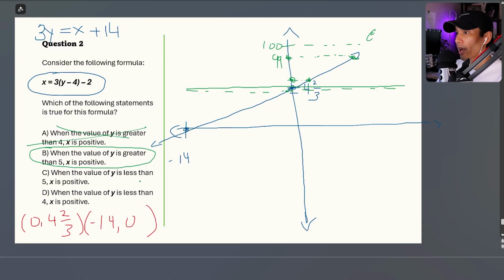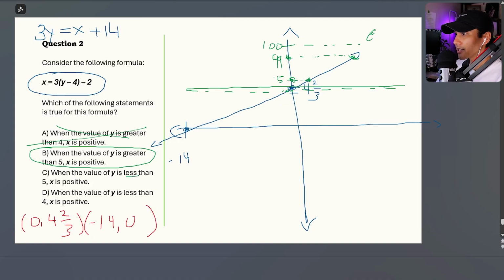When the value of y is less than 5, x is positive. We know this is incorrect. The value's less than 5, so that's the 4 2/3 over here on this line, and less than 5. Let's say 5 is right here. So 5 is positive, but anything below it becomes negative.